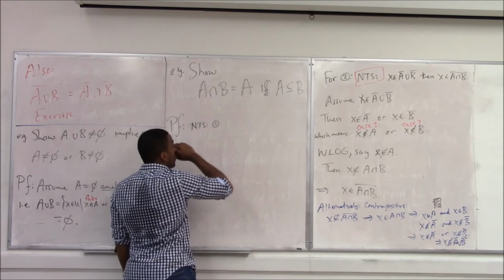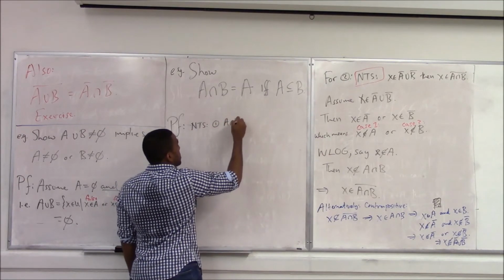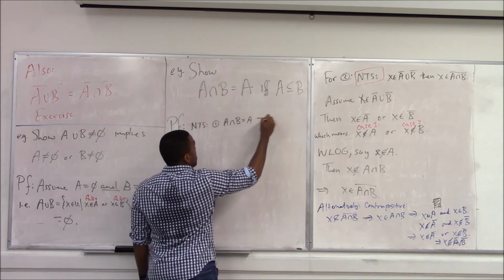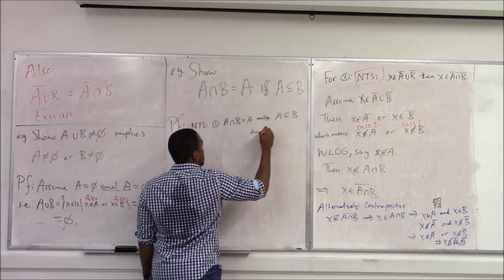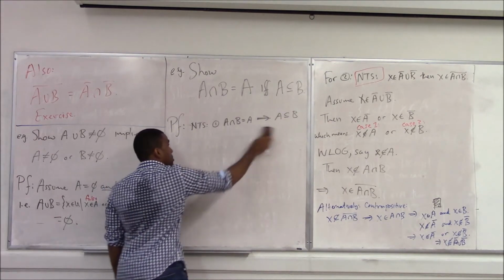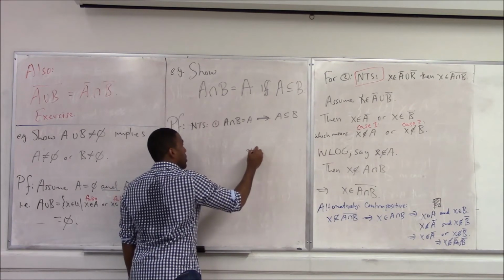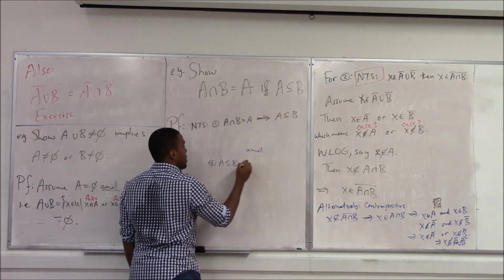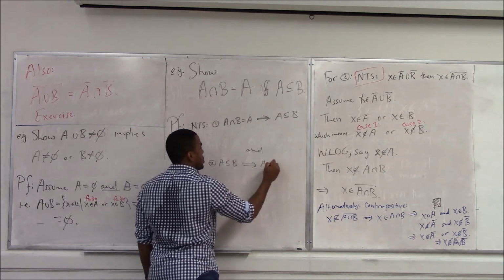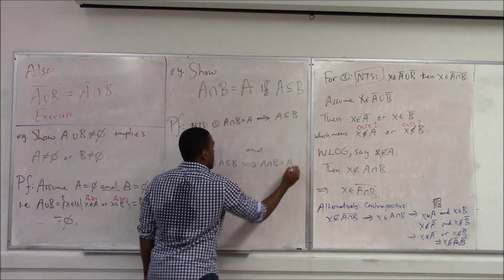One, that A intersect B equals A implies that A is a subset of B. Two, A is a subset of B implies that the intersection will be A.